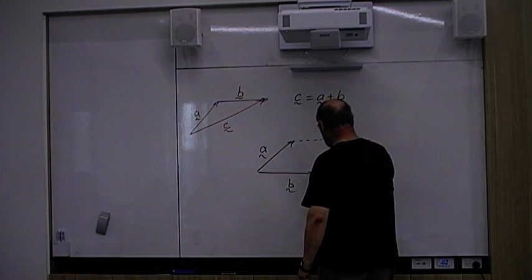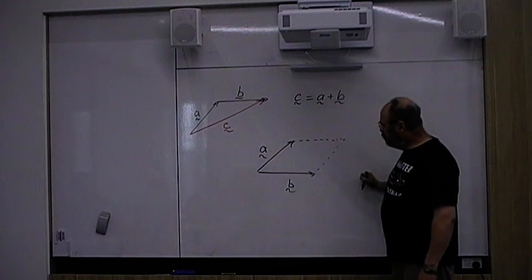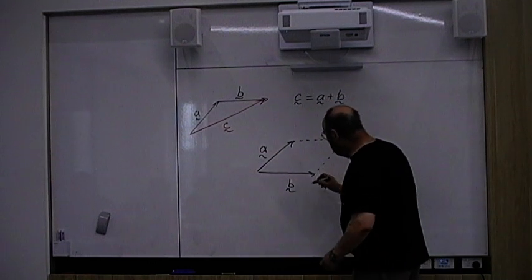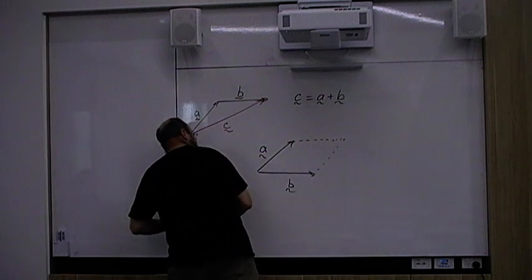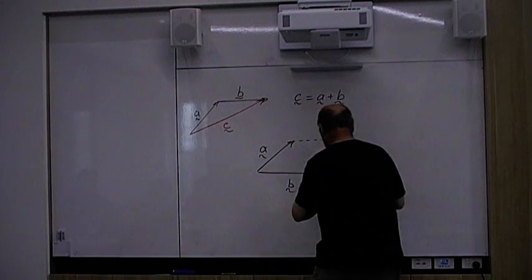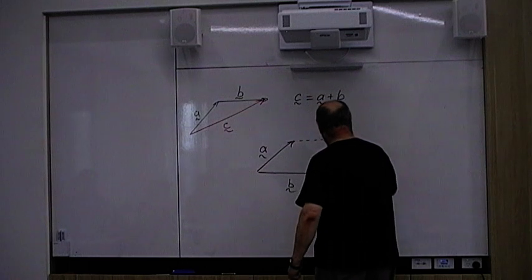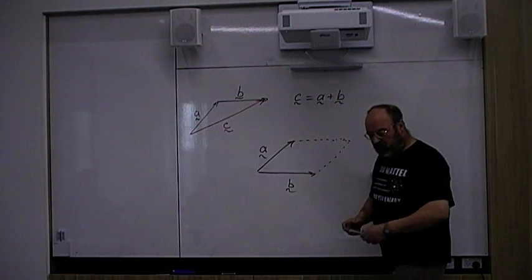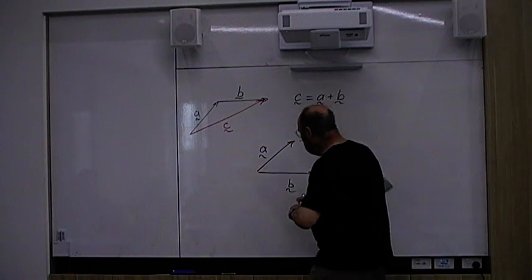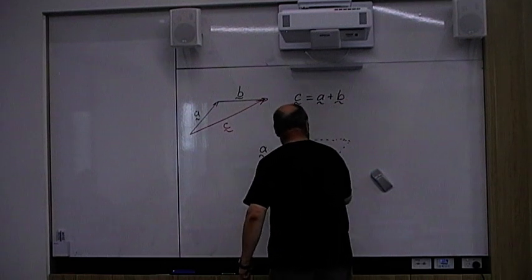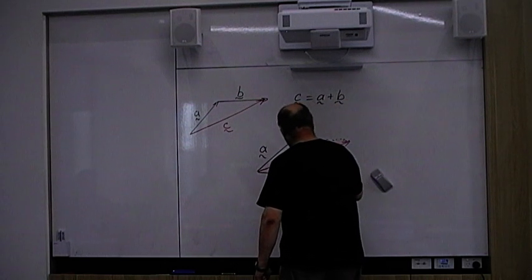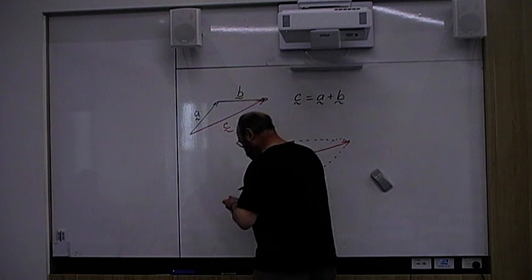The result of the addition of these vectors will be this diagonal of the parallelogram. That will be vector C equals A plus B.